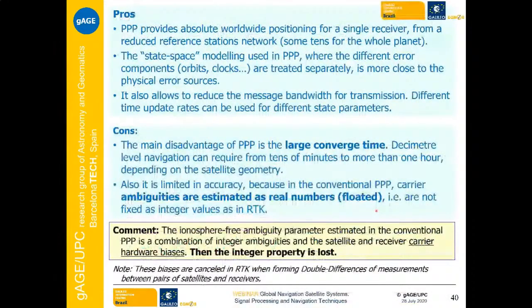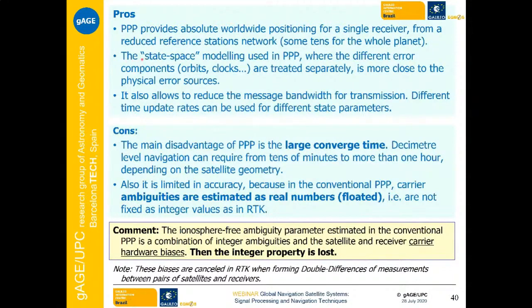The pros and cons of PPP. Well, the good news is that PPP, precise point positioning, provides absolute worldwide positioning for a single receiver. We do not have to buy two receivers in order to perform differential positioning. We need only a single receiver and a service provider, of course, for the orbits and clocks.